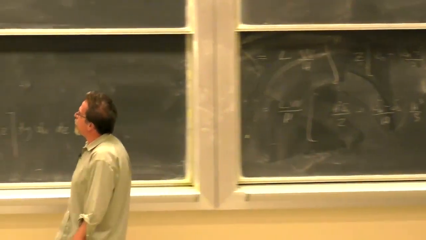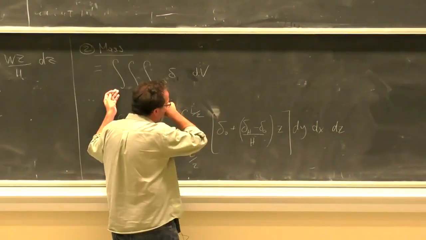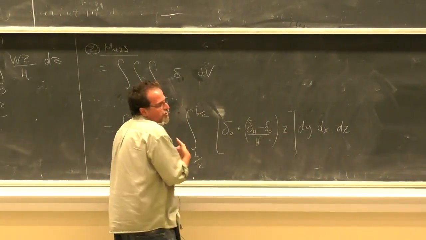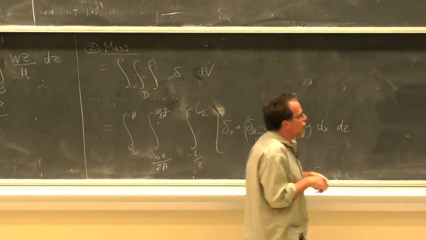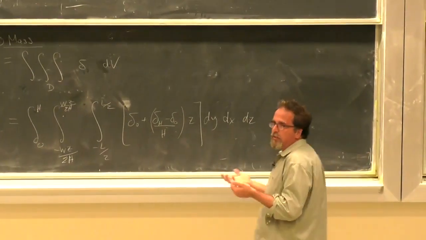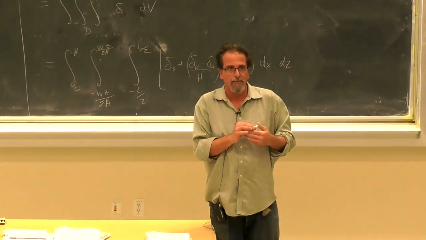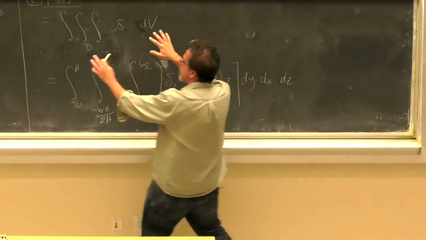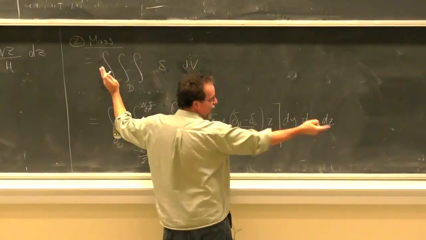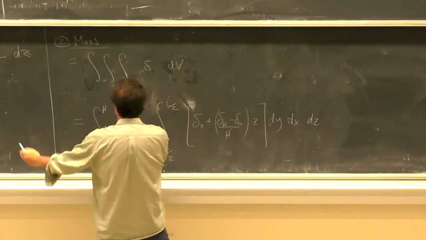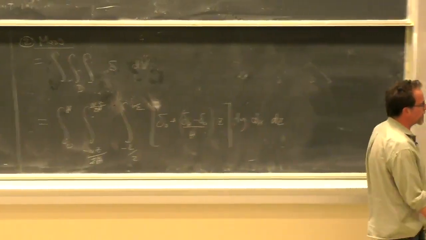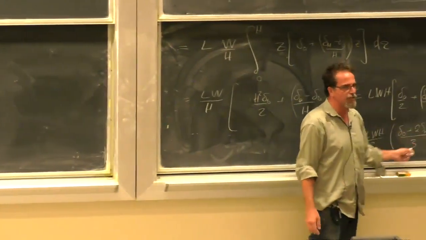And so what I've calculated is the total mass of the shape, and I've extracted the total volume of the shape. I can now actually tell you what the average density is. Because the average density would be the total mass, which is that thing, divided by the total volume, which is the thing that I put out front. So this is the average density.